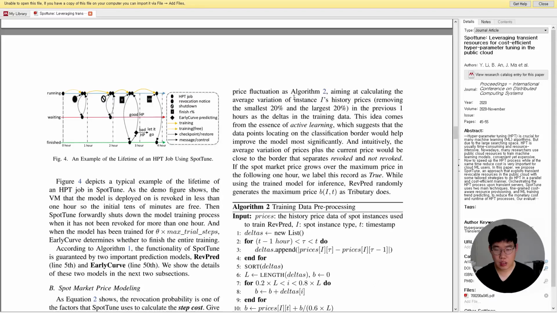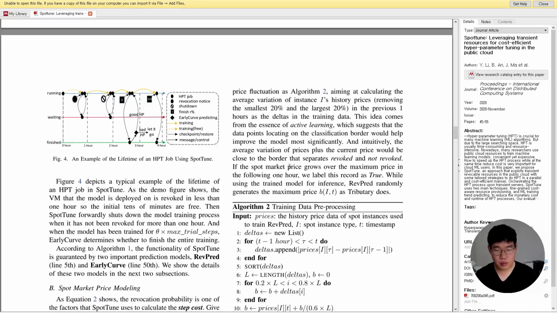This comes from the essence of active learning, which suggests that a data point located on the classification border helps improve the model most significantly. Intuitively, the average variation of prices plus the current price would be close to the border separating revoked and non-revoked.